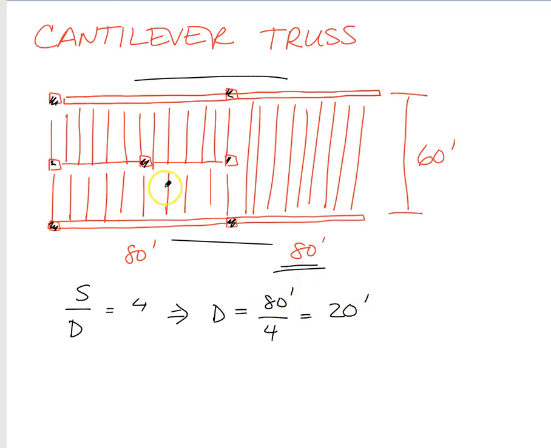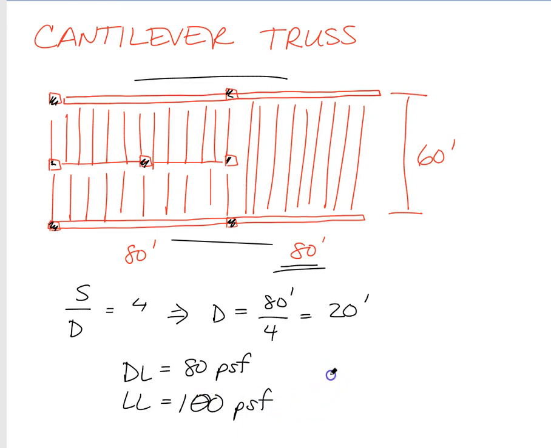A huge, huge overhang. Let's get some loads on here. So let's say that this is the second floor, and so the dead load, we'll go ahead and give 80 pounds per square foot. Live load, we'll go ahead and give 100 pounds per square foot.